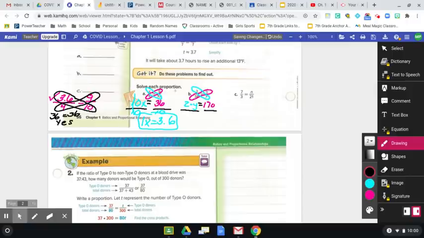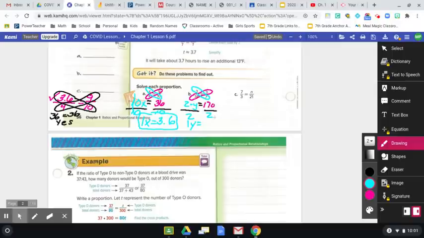I need y all by itself. So I'm going to do the opposite, and the opposite of multiplying by 2 is to divide by 2. 2 divided by 2 is 1y equals. If I do that on the left, I also have to come over here on the right and divide by 2.